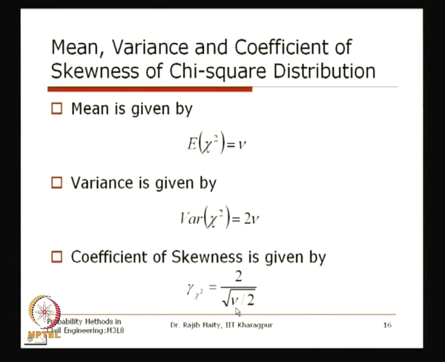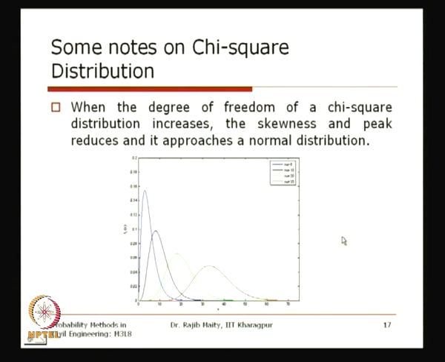You can see here what we have seen graphically a minute back also, that if we increase this nu, that is if the degrees of freedom is increased, then this becomes lower and lower, and for a very high degree of freedom this becomes almost symmetrical, as the skewness is reducing with the increase of nu.